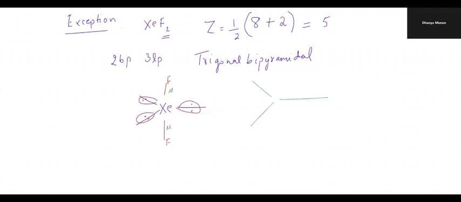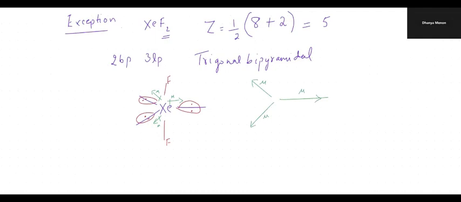The direction of dipole is from xenon to lone pair, xenon to lone pair, xenon to lone pair. All three mu's cancel each other. So let's consider them as mu. This is mu, mu, and mu. All three mu's cancel each other because the direction is in opposite directions from the atom to the lone pair. All of them are in opposite directions.